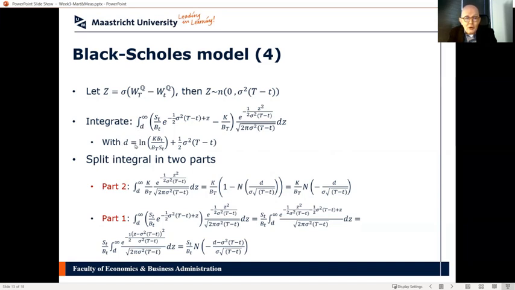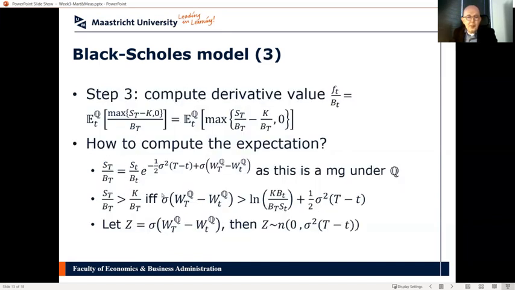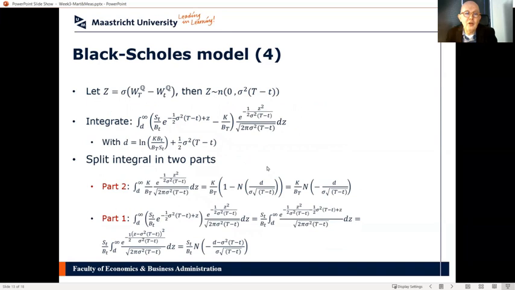And D is this logarithm of KB over BS plus 1/2 sigma squared (T minus t). So D is exactly this point where the option is at the money, and above that, the option will be in the money. So I'm integrating over all these positive parts of this thing here as a function of Z, times this probability density function of Z.